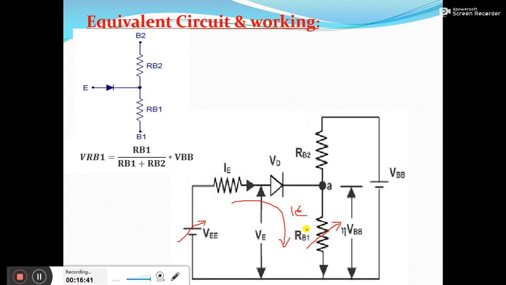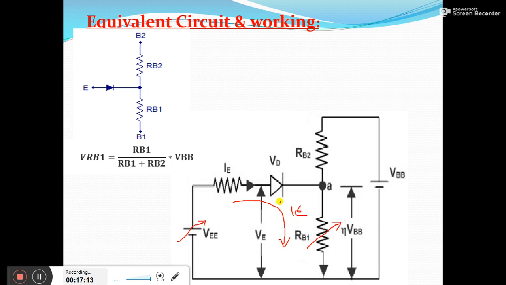This won't keep decreasing indefinitely; it will decrease only up to a certain point, which is the valley point. After the valley point, RB1 will remain constant and won't decrease further. Once it becomes constant, the UJT is driven into the saturation state, where both IE as well as VE are going to increase.